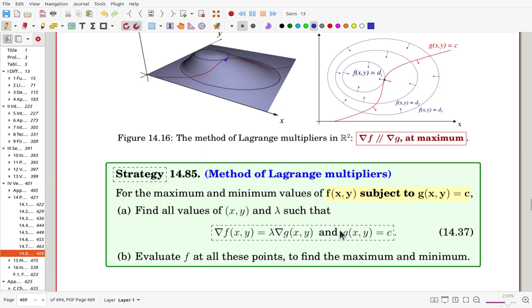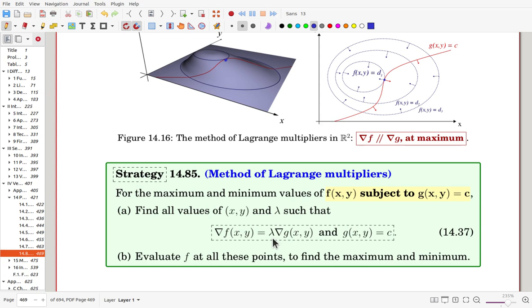Now from here, we have two equations and one more equation. So there are three equations. What we have to do is to determine x, y, and lambda, three variables and three equations, so we can solve the problem reasonably.